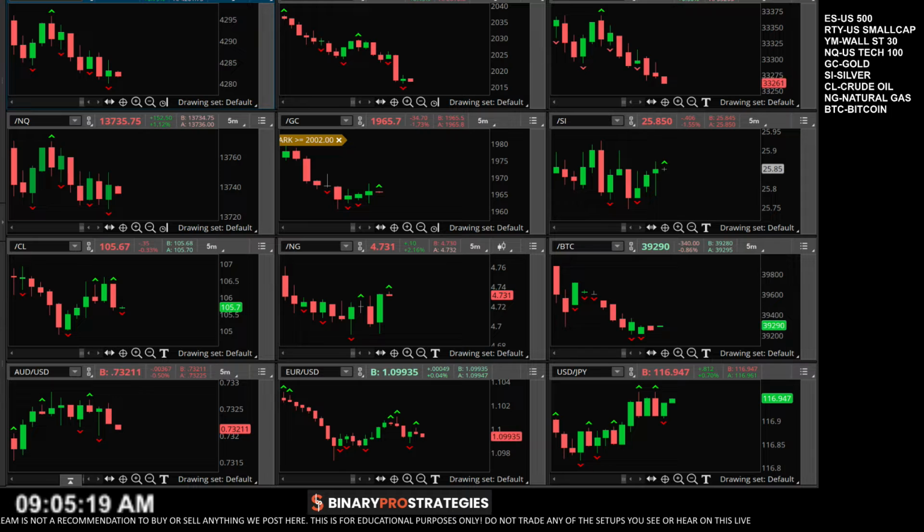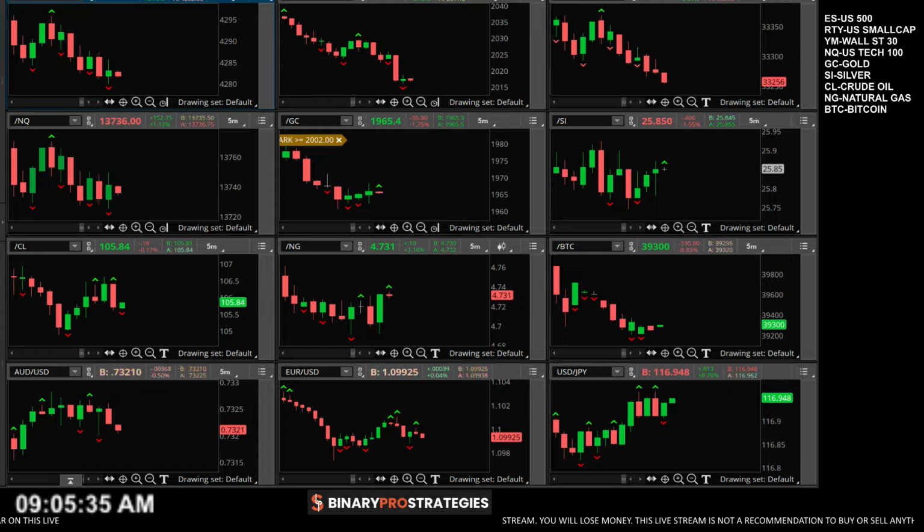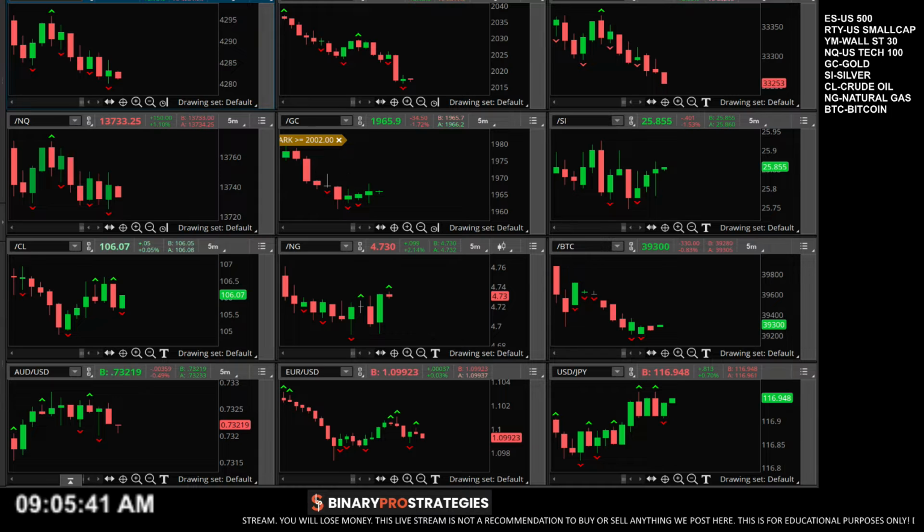This is a whole new way of trading. Nobody teaches this. This is absolutely a unique approach. It has nothing to do with traditional candlestick patterns, support and resistance, or Fibonacci. It has nothing to do with standard chart patterns like channels, wedges, and flags. Obviously, absolutely no indicators.